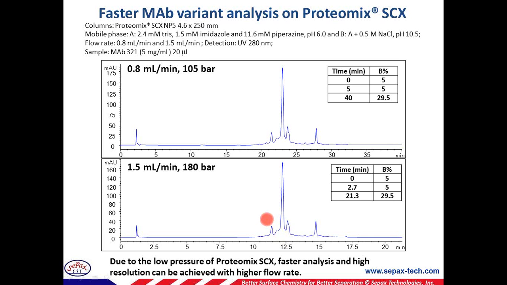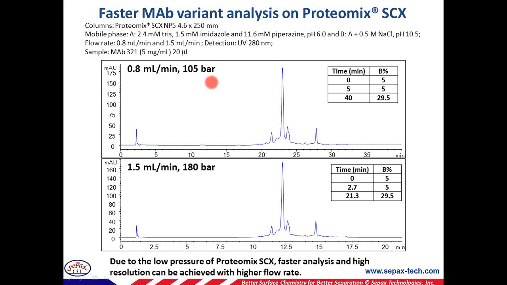This is a very good example of increasing the flow rate and its impact on the separation and the shortened runtime. With ProteomIX SCX MP5 with the pH and salt gradient running at 0.8 ml per minute, we get a really good separation with a back pressure of 105 bar.